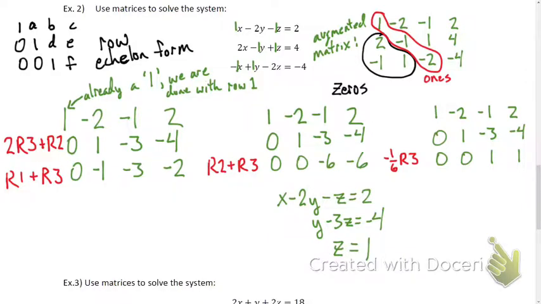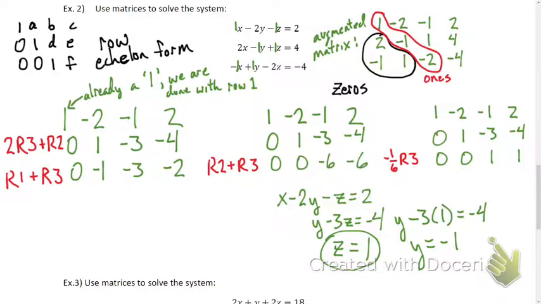So we know what z is. Let's plug that into the second equation. y minus 3 times 1 equals negative 4. y must be negative 1.